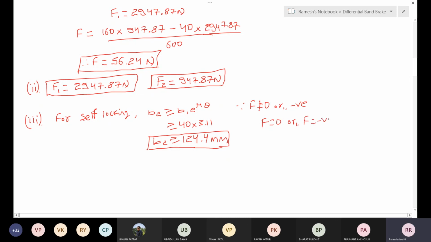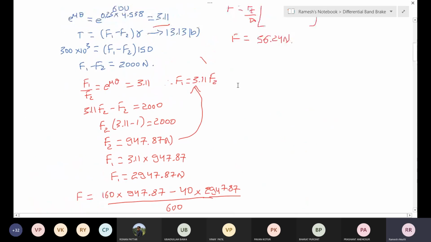Force negative means the person has not applied the brake, and automatically the self-locking takes place, meaning it is out of control. Therefore F is equal to 0. At that time B2 will be less than or equal to B1 into e raised to mu theta. This is the self-locking condition.